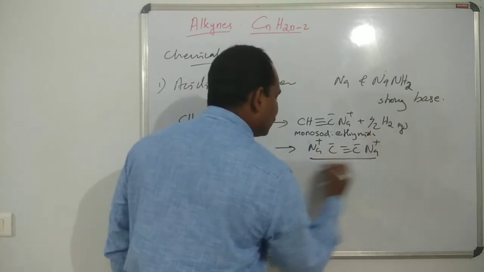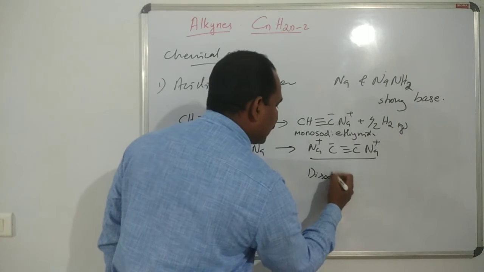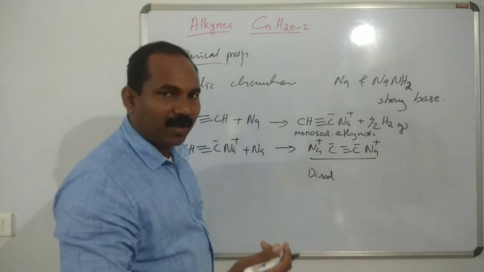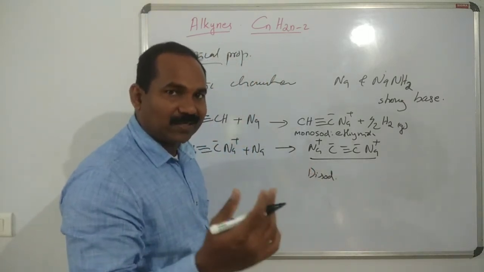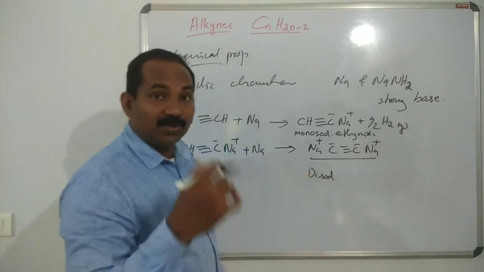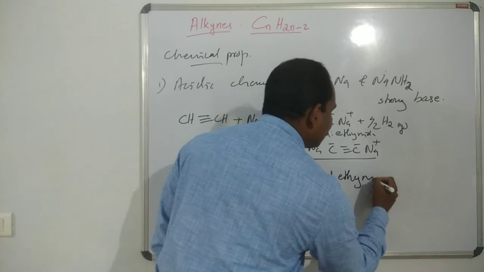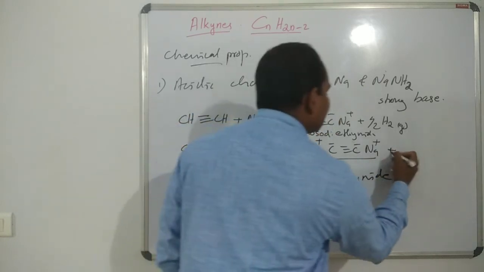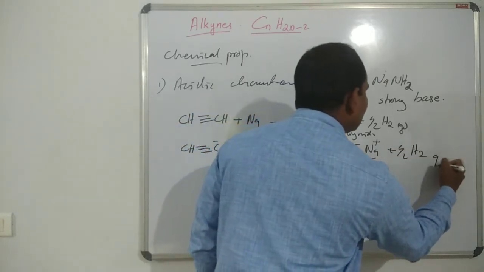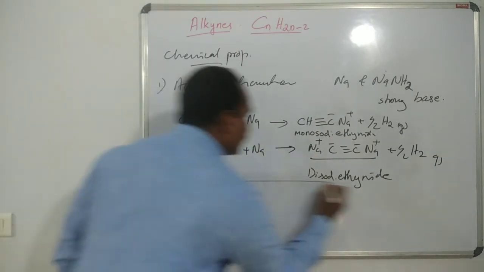What about this? Disodium ethanide. Sodium is shortly written as Na. Potassium is K. So disodium ethanide plus half H2 gas. What is the overall reaction?